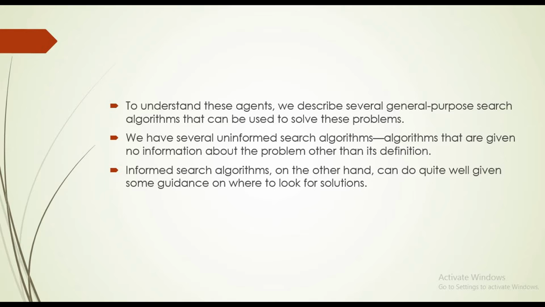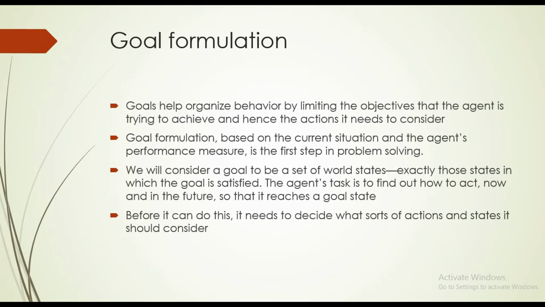So we have several uninformed search algorithms, algorithms that are given no information about the problem other than its definition, whereas on the other end we have informed search algorithms, which can do quite well given some guidance on where to look for solutions. These techniques of being uninformed and informed also affect how the algorithm will perform. It's the nature and the type of the algorithm.